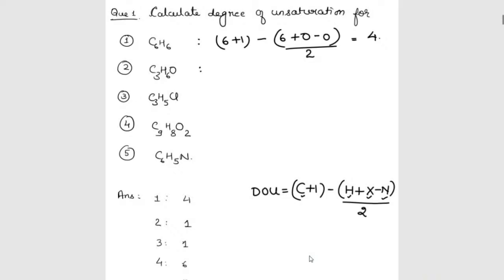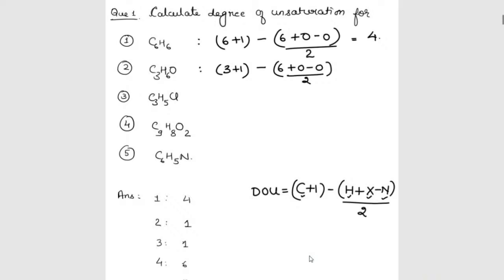Coming to this second example, let me tell you what the answer for this will be. So carbon is 3. Hydrogen is 6. There is no halogen, no nitrogen. Oxygen is to be neglected.